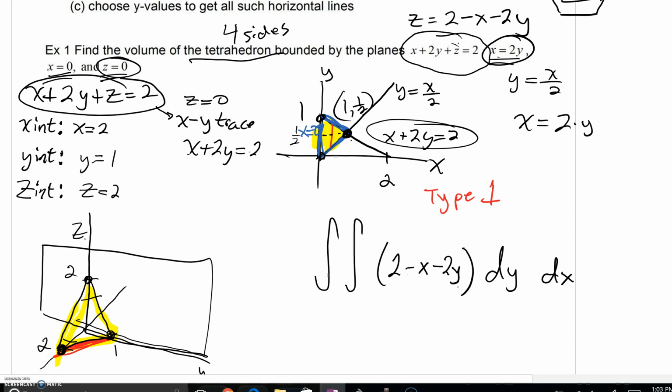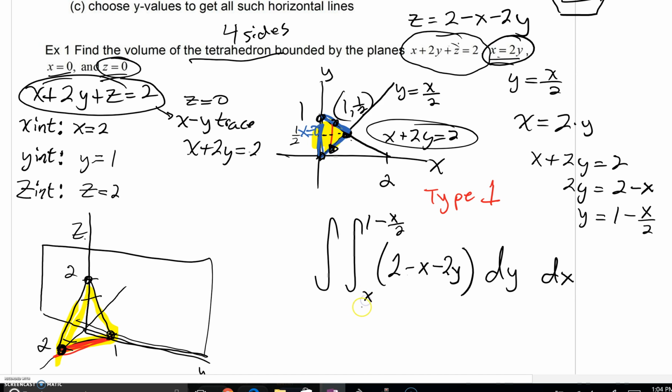So let's talk about those y boundaries. Look at the top here. That's x plus 2y equals 2. Guys, if we solve for y, we could definitely see that it's 2 minus x. Then we can divide by 2. We'd get 1 minus x all over 2, right? How about down below? What would our lower boundary be down here?